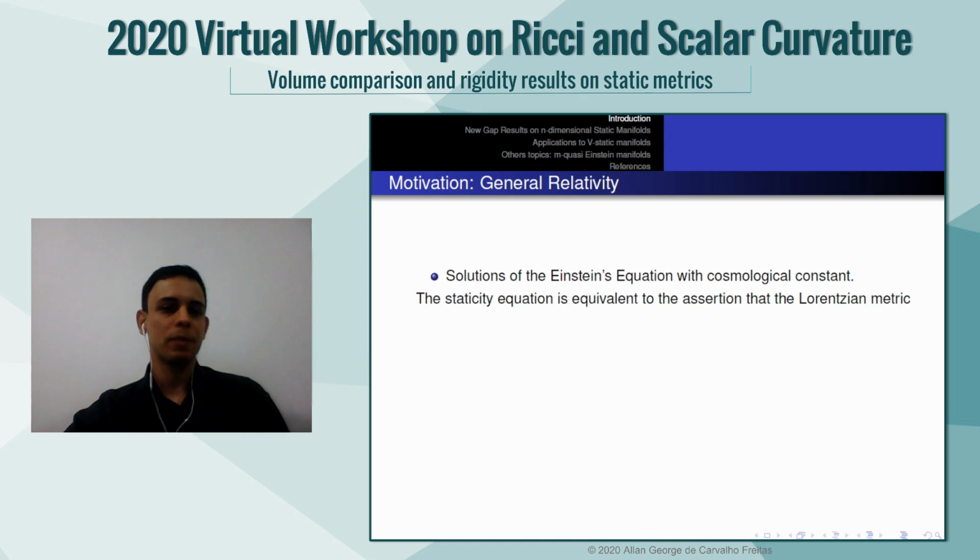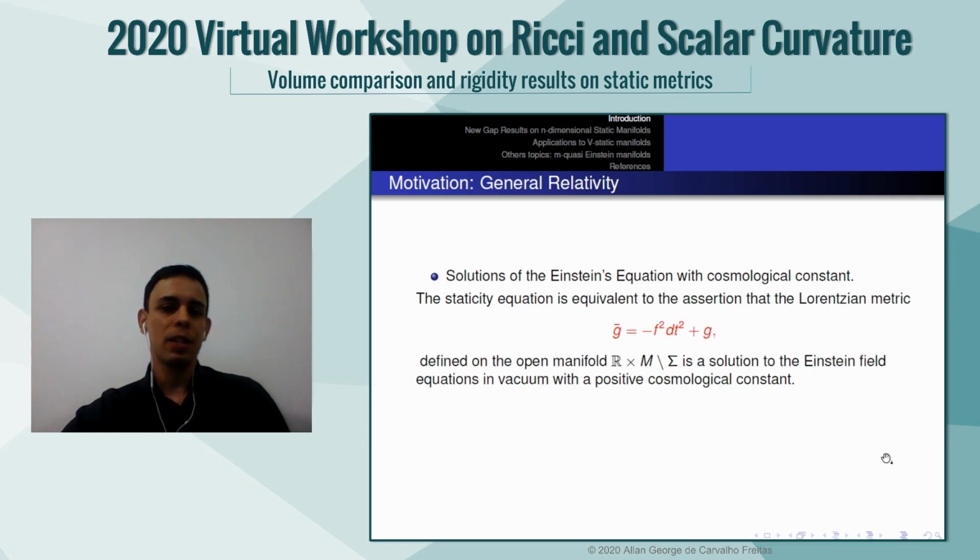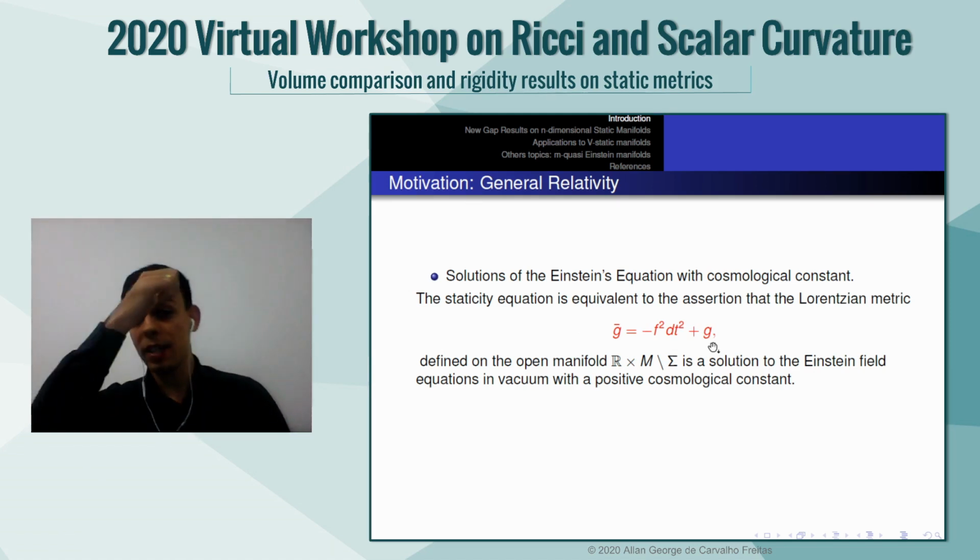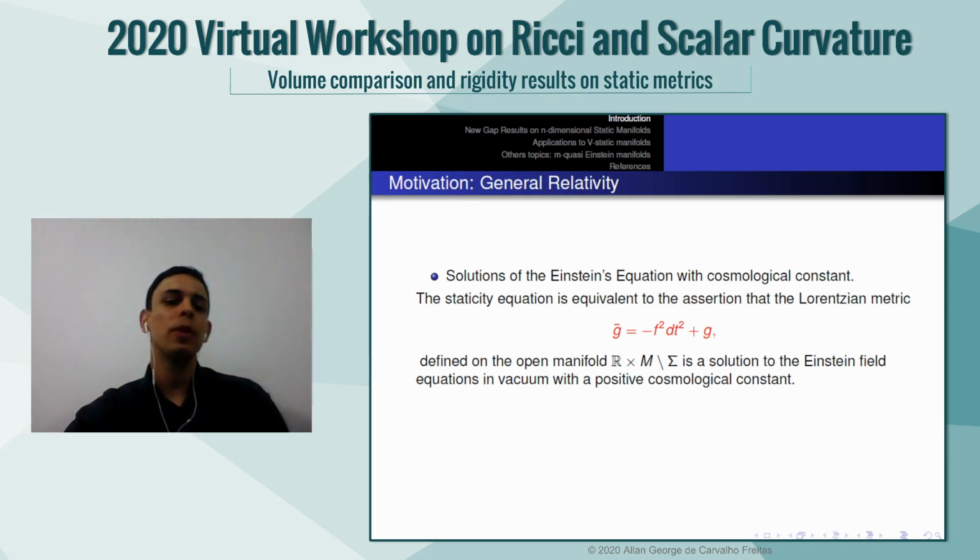The static equation is equivalent to the assertion that this Lorentz metric g bar, where here we have the static potential, and here the initial static metric, is a solution to the Einstein field equation in the vacuum.